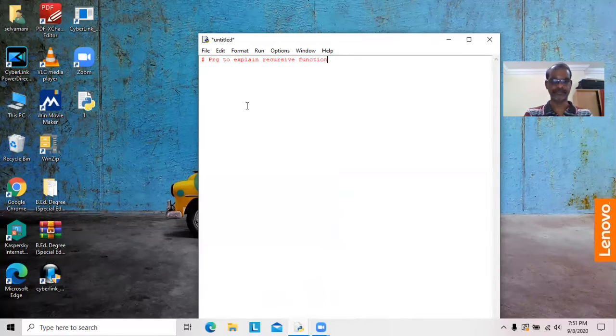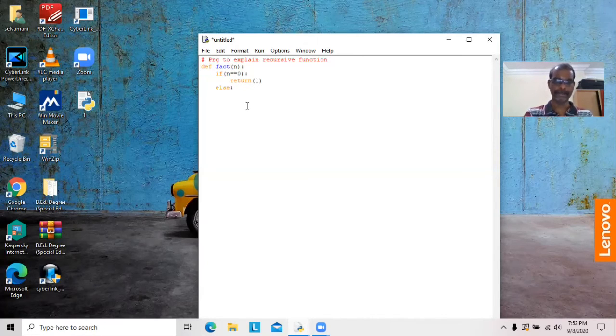Recursive function. Here we need one function, maybe fact, with parameter n. So here if n is equal to 0, this is one condition. If the condition is true, no more execution, stop. That's all. Finished. Return 1.